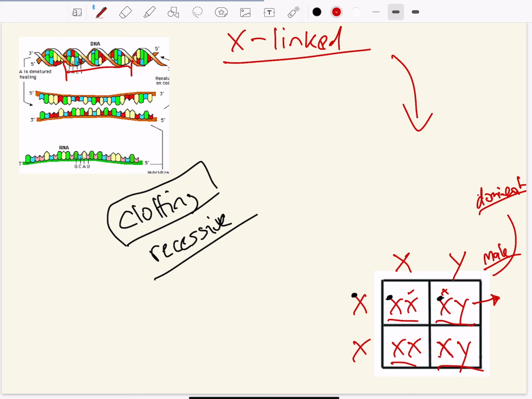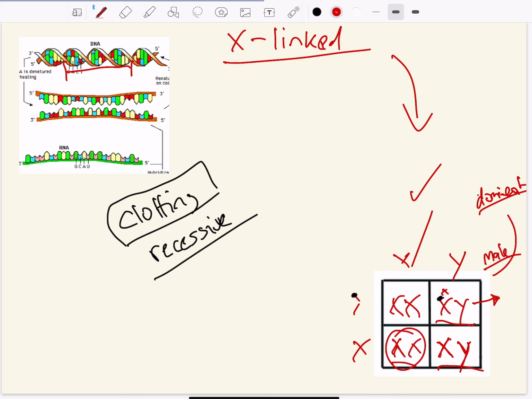This male down here is okay, so unaffected, both genotype and phenotype. Over here in the females, this is genotypically one X is defective, the other X is fine. So genotypically, it's 50-50, but phenotypically, the other one overpowers it. So that means that she's just a carrier. This one is a carrier, and this one is unaffected.